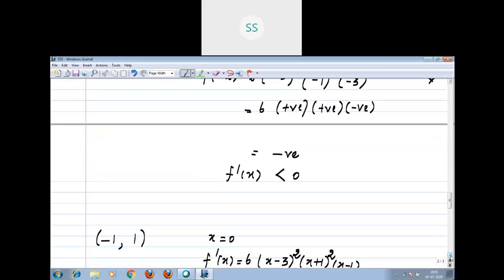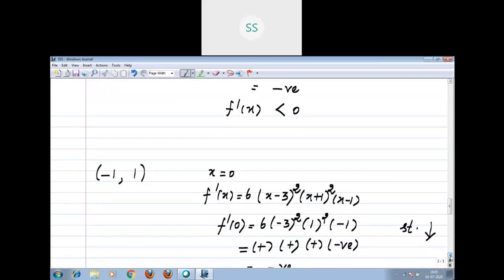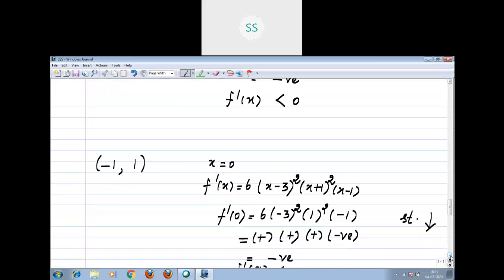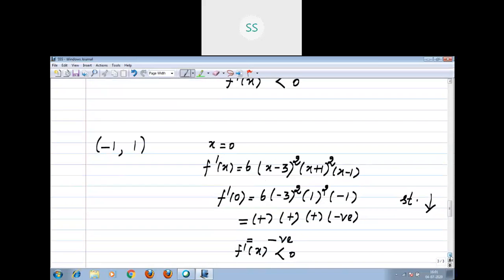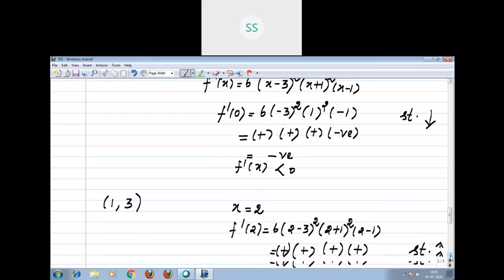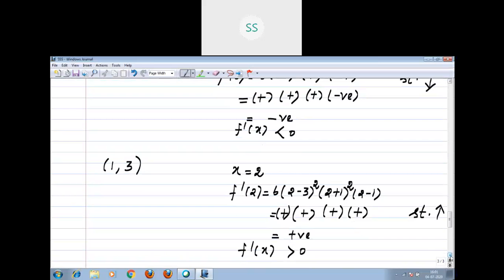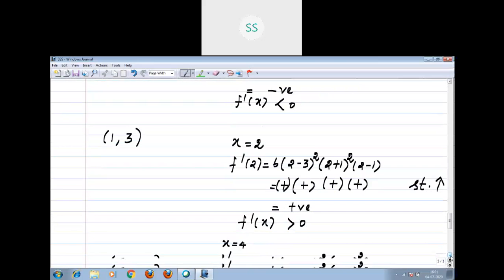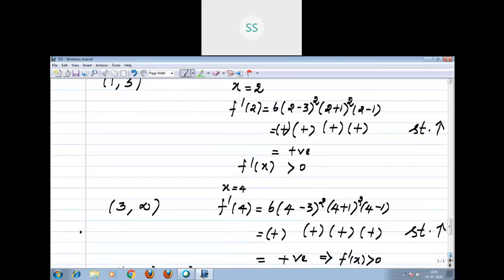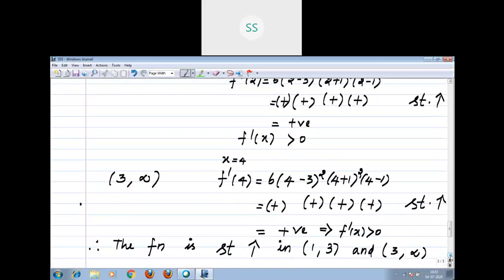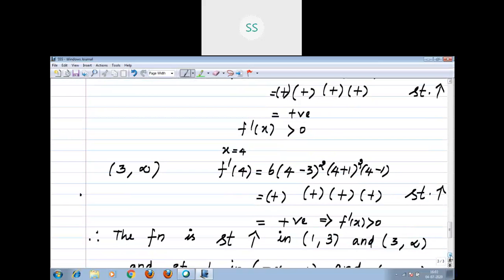Now I will pass on to the next interval, minus 1 comma 1. Here also the derivative will be negative. The function will be strictly decreasing. Now 1 to 3, positive, the derivative is greater than 0, strictly increasing. 3 to infinity, here also the function is strictly increasing.